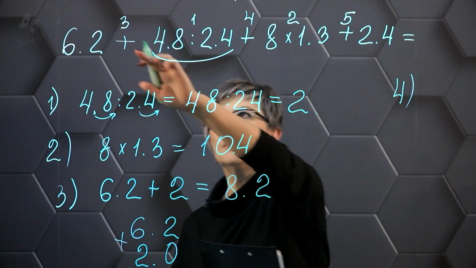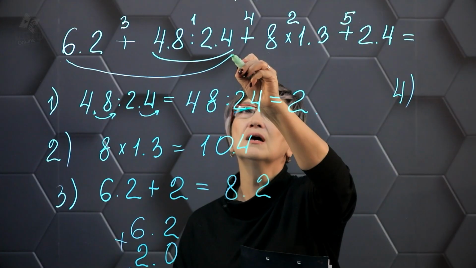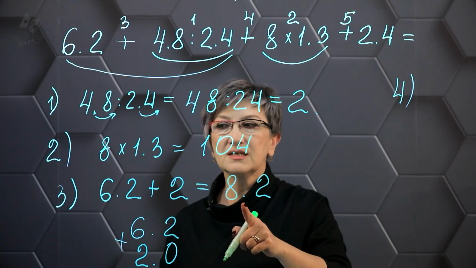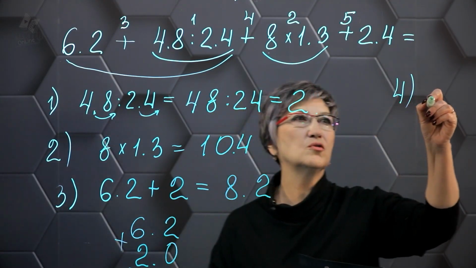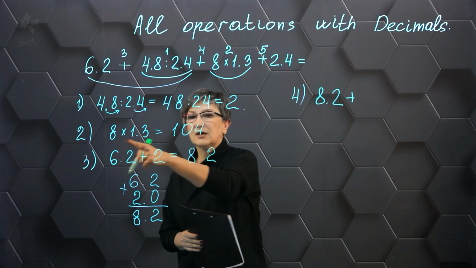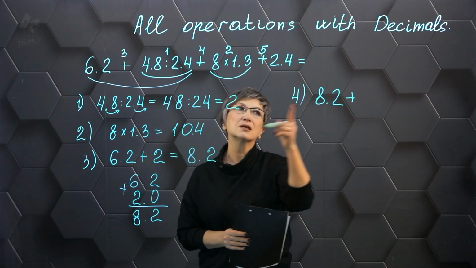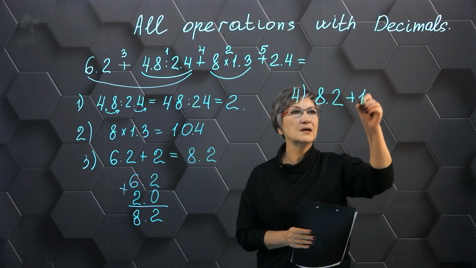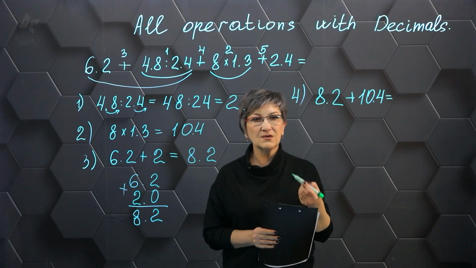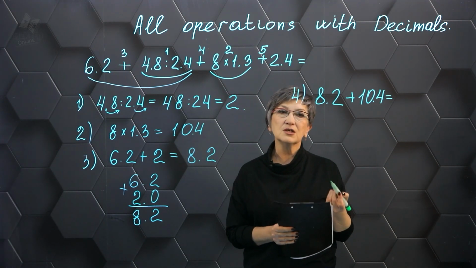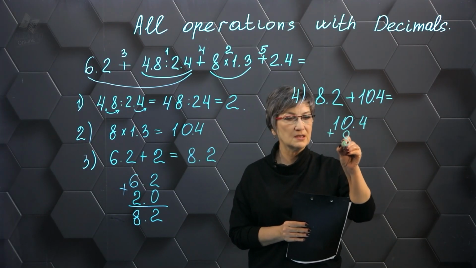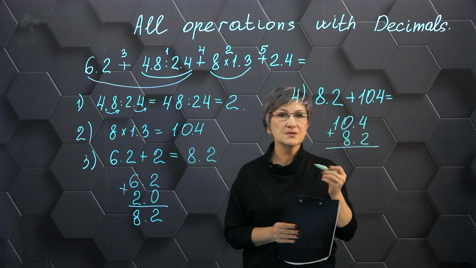In the fourth step, we need to add the result of the third action to the result of the second action. The outcome of the third action is 8.2. Additionally, I add the outcome of the second action, which is 10.4. In other words, I combine 8.2 with 10.4. Let's go over the process of adding decimals.